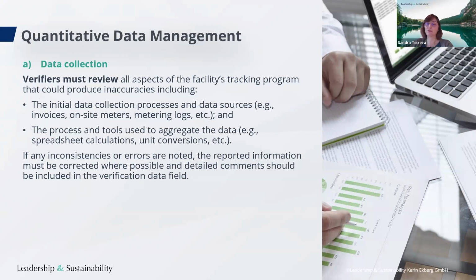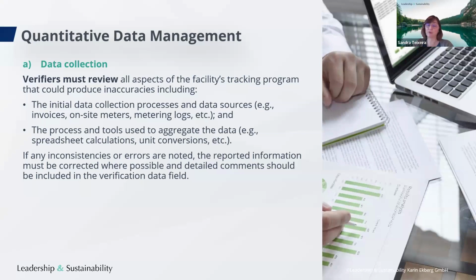And this is very important because sometimes the unit conversion is not used correctly, or sometimes you use one unit in your calculations, and then when you are selecting the unit in the platform, you select it wrongly.